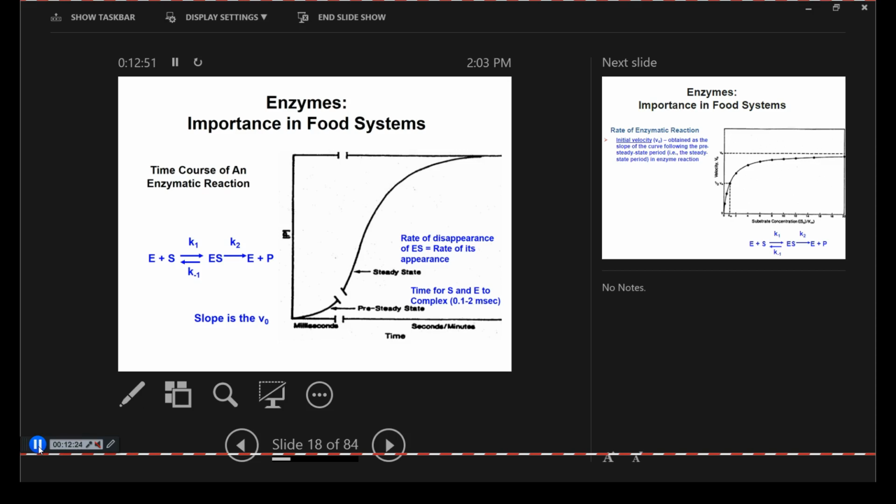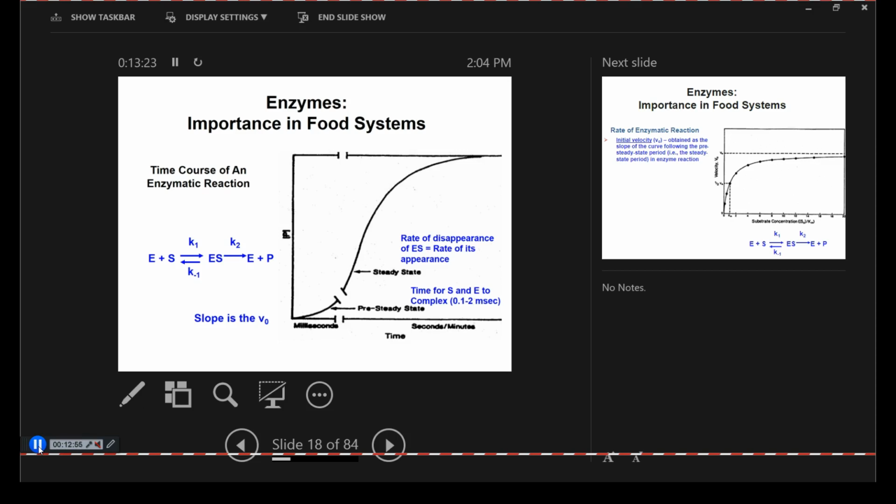Do you remember why we said last time this happens? Why doesn't it stay linear all the time? The substrate starts to run out. Yeah, depletion of the substrate. As the reaction progresses, the substrate will be depleted, and then ES will start going more backwards because you don't have enough substrate to produce ES complex as much as you had before.